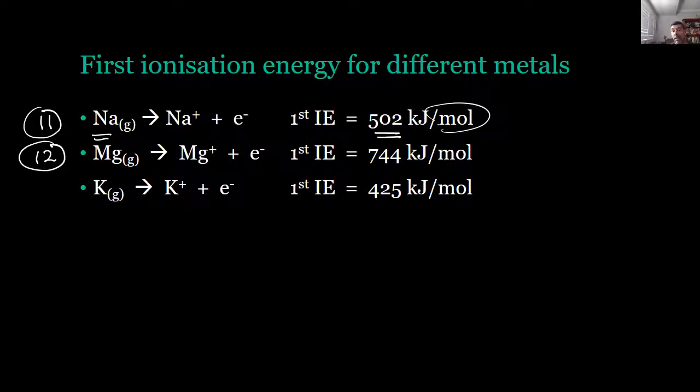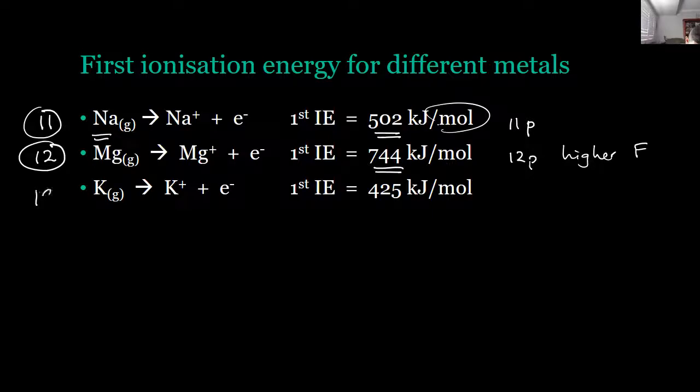As we go along that period, the ionization energy is slightly higher for that first electron, which means we've got 11 protons in the nucleus here and 12 protons in the nucleus here. So we would expect a slightly higher force of attraction, and this higher electrostatic force results in a higher first ionization energy.